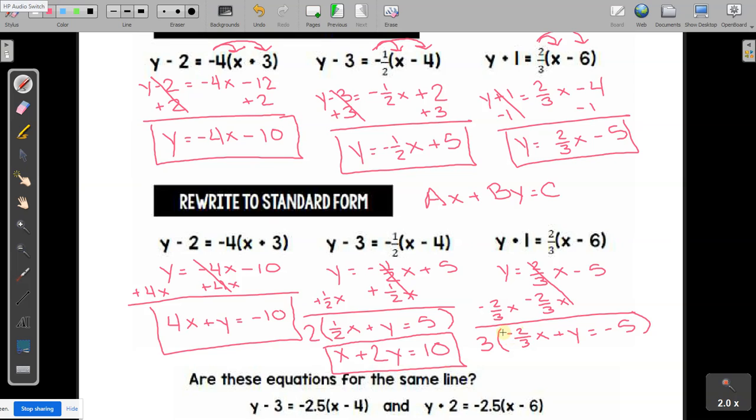We also have to get rid of this negative, because our a has to be positive. So we're just going to multiply by negative 3. Cancels out the negatives, and we're left with a 2x. The negative 3 times y is negative 3y, equaling negative, negative, make a positive, 3 times 5 is 15. So our standard form is 2x minus 3y equals 15.